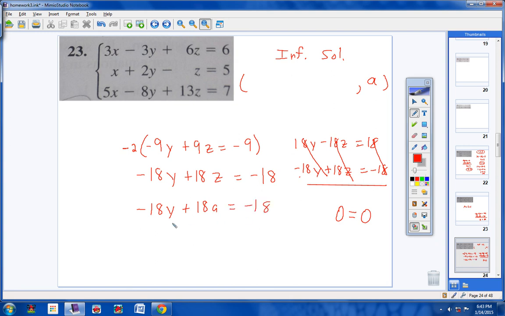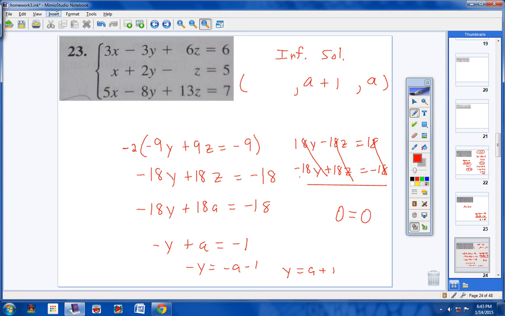Now I'm going to divide everything by 18 just to make it smaller. So I'm left with negative y plus a equals negative 1. And now bring the a over, and I have negative y equals negative a minus 1. So y equals a plus 1. So I'll put that right here for y, a plus 1.